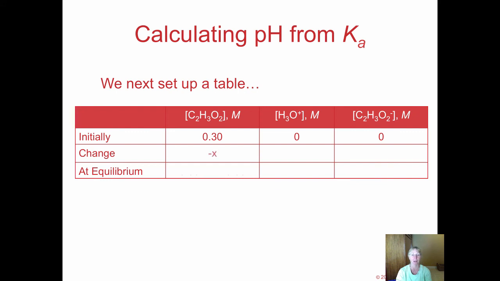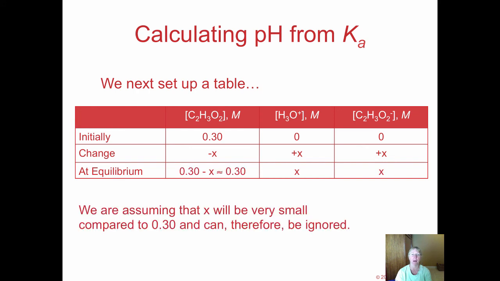So the change would be that the acetic acid would lose X amount of concentration, and therefore, since the stoichiometry is 1 to 1 to 1, the hydronium and the acetate ion concentration would increase by a value of X. So at equilibrium, that would be my equilibrium concentrations, and they've made the assumption, because the Ka given was pretty small, you'll memorize the Ka for acetic acid after a while, because it's something times 10 to the minus 5, you can essentially assume that the acetic acid concentration doesn't change.